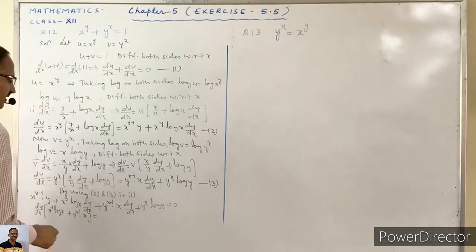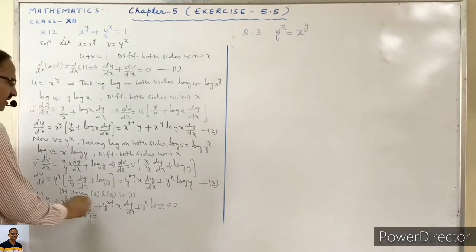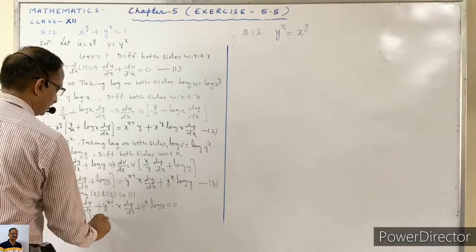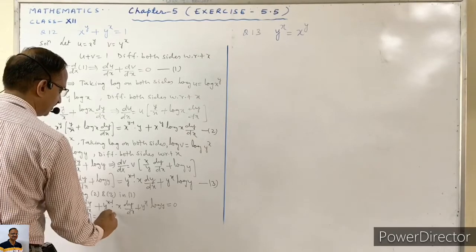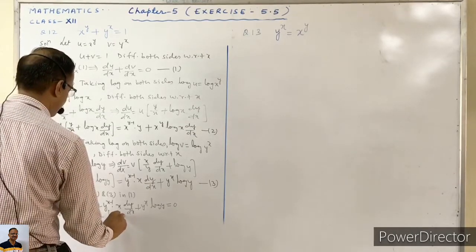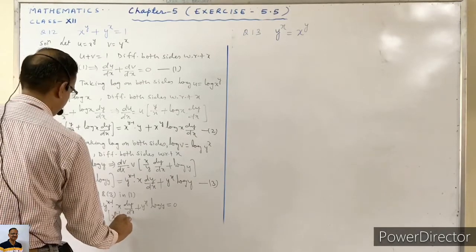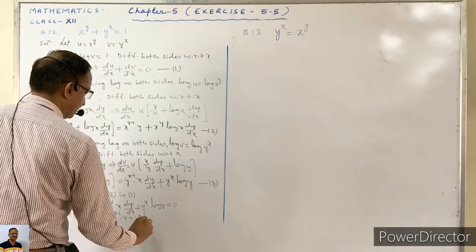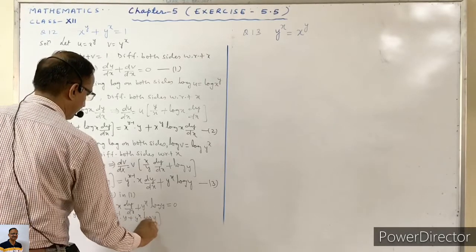On right hand side, when we transfer these two terms, then the sign will change. So minus in bracket we can write x raised to power y minus 1 into y plus y raised to power x and log y.